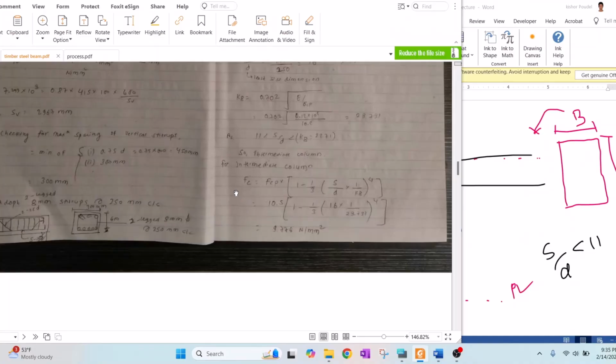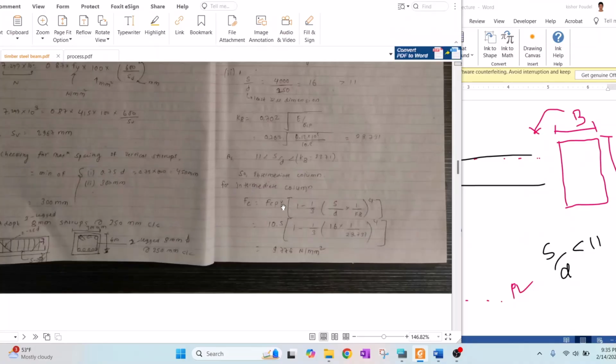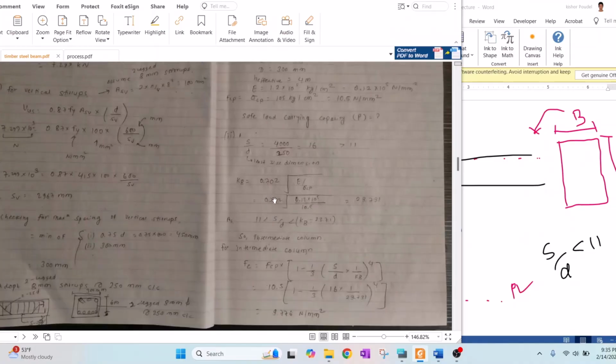permissible stress on the column, that is fc. So fc is equal to fcp modified by this parameter.